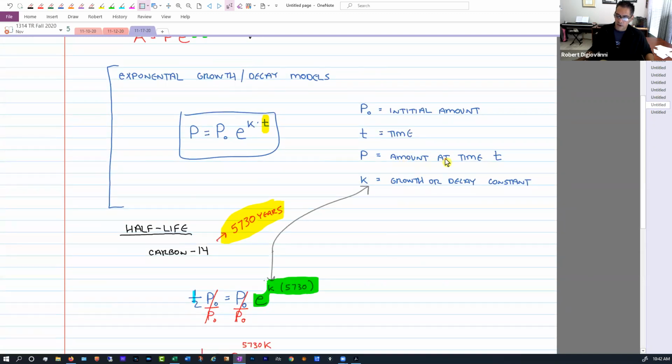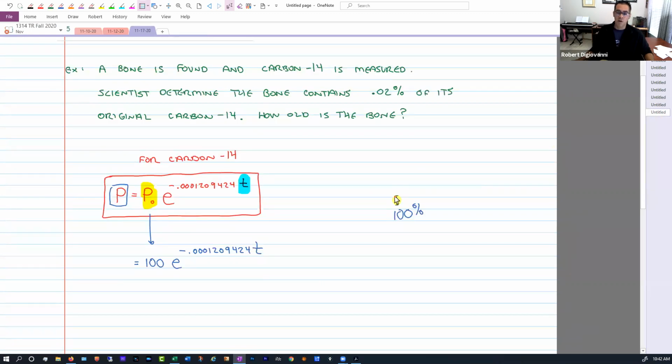P is the amount after some certain amount of time, right? So shouldn't that be the amount of carbon 14 that was there when we found the bone? A certain amount of time has gone by since it died. And so this should be the 0.02. And we're going to leave it as 0.02 because the 100 represents the percent and 0.02 represents the percent that we have here.